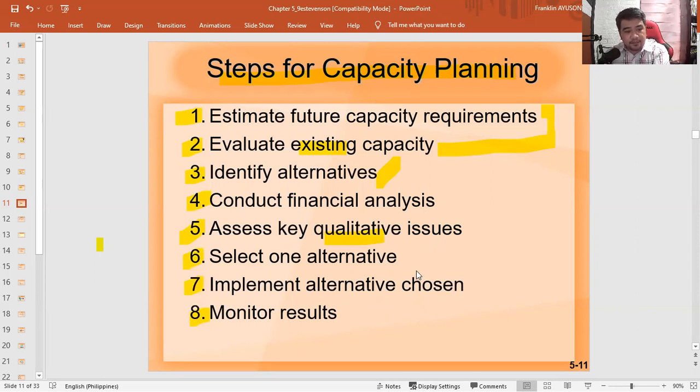Then finally, selecting the capacity alternative that is intended by the organization before implementing it. What is important, of course, is monitoring the result, whether or not we defined the right capacity in our operation, or whether we should make some more adjustment if it is possible.